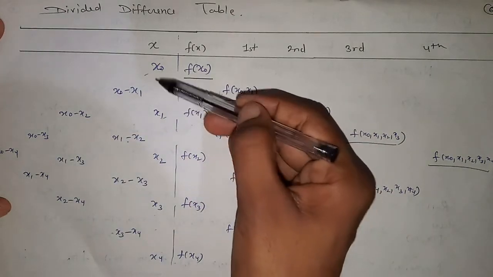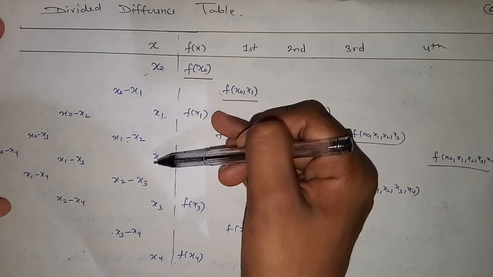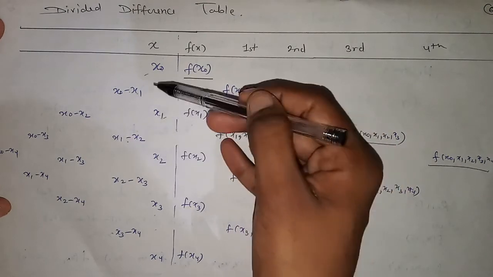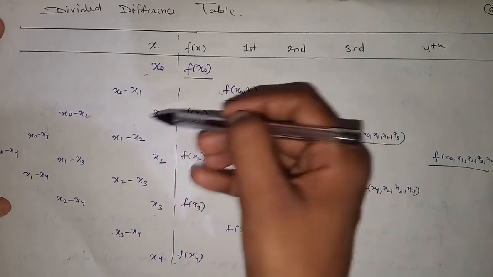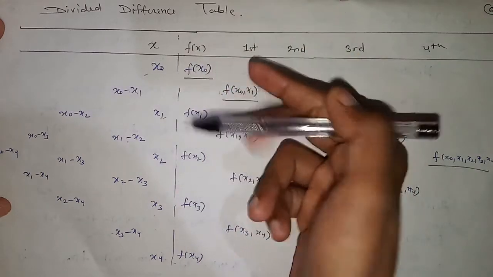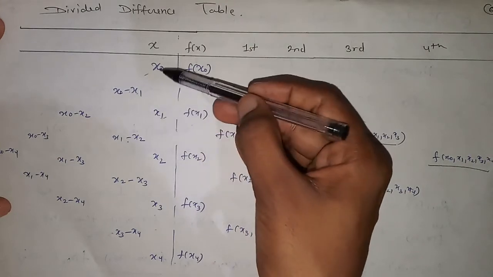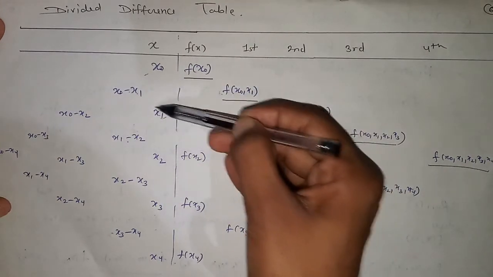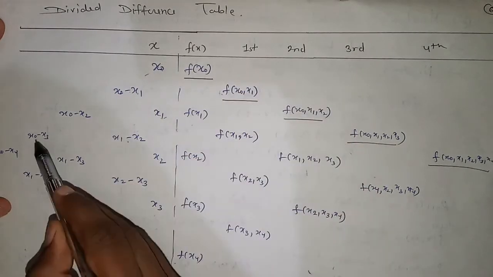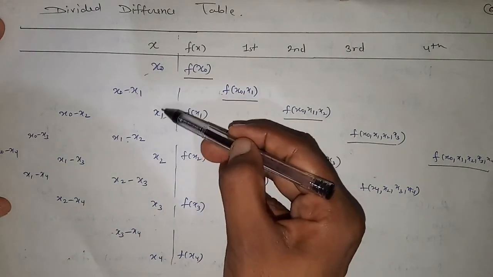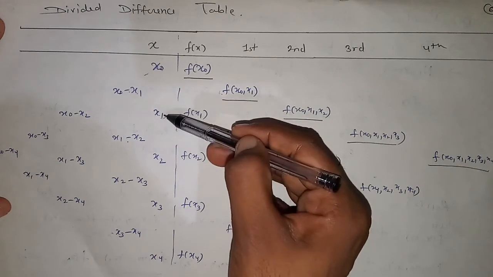First we have done subtraction one by one, then every time we left one term and then found the difference. Now we will leave two terms this time. So x0 minus, leaving x1, x2, then x3: x0 minus x3. Then again we move to the next value, x1.